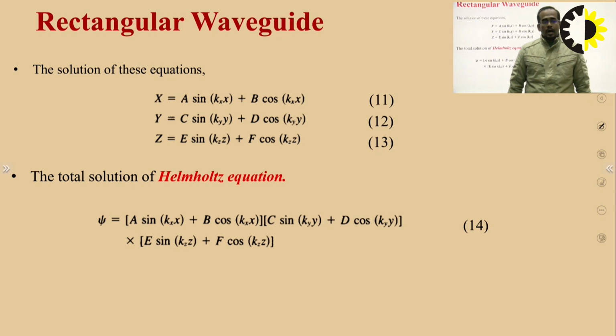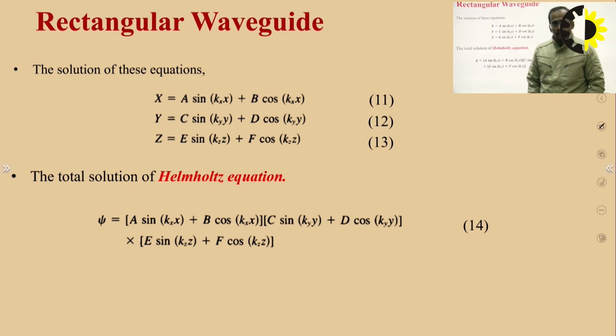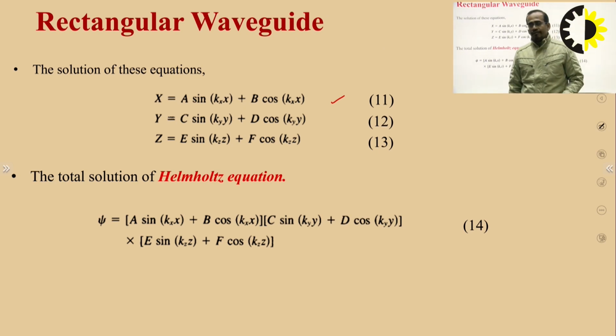And now how can we find the value of X, Y, and Z? So I have to use X is equal to A sin kx x plus B cos kx x, Y is equal to C sin ky y plus D cos ky y. So we have to find the constants here.